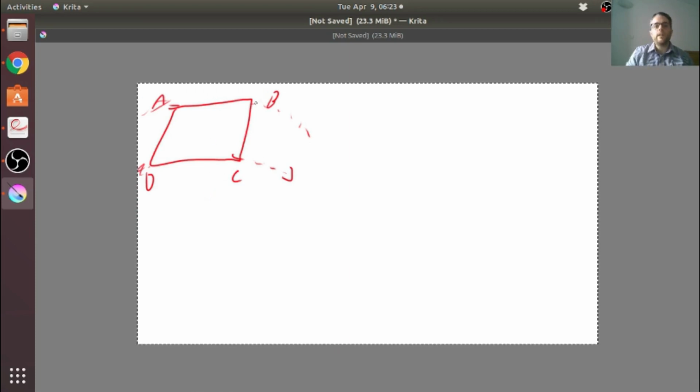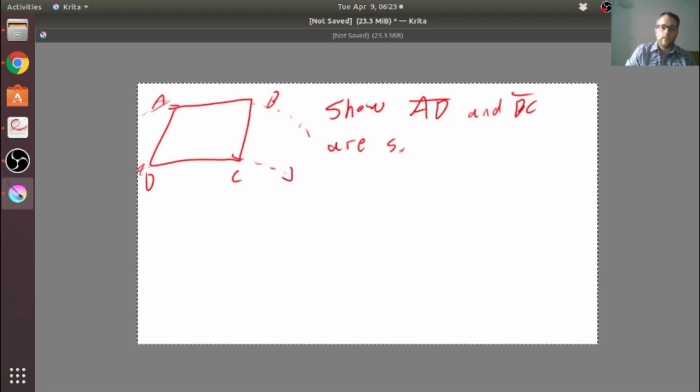We need to show that the left and right are semi-parallel. So, what if this didn't happen? We need to show that AD and BC are semi-parallel.